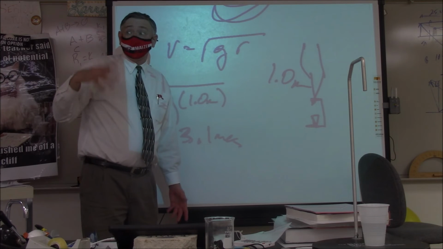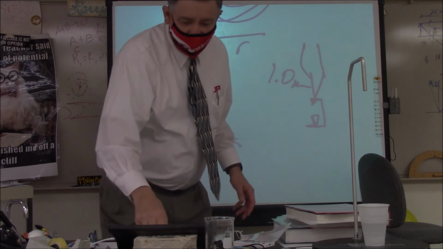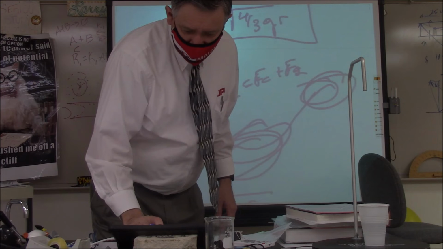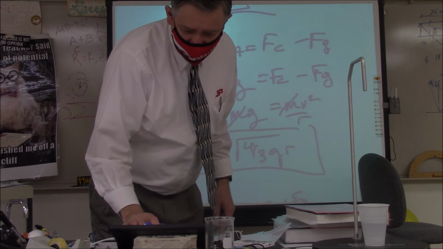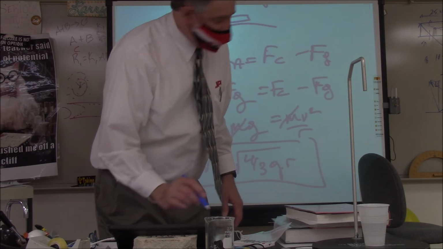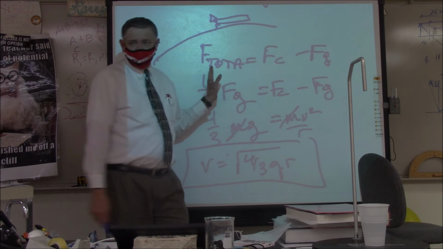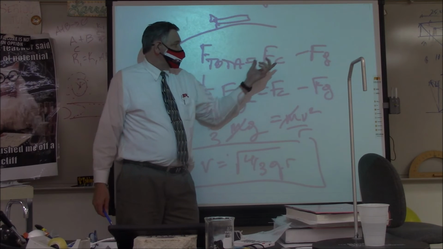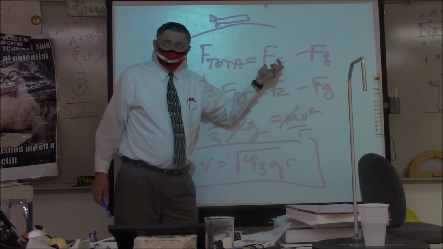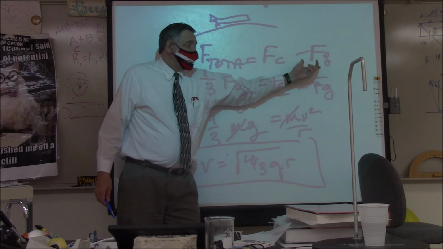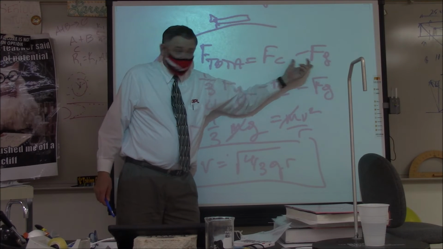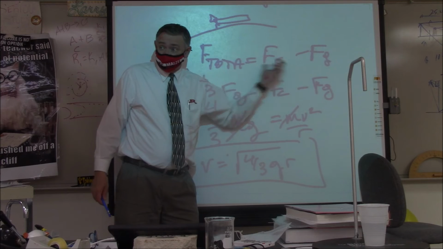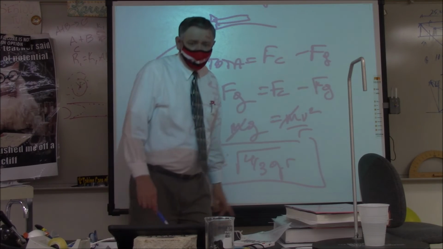Realistically, I want to be going faster than that, so up at the top, when I subtract, I want this to be a positive number. So I want to need more centripetal force than what gravity can provide, because I want this difference to be a positive value.